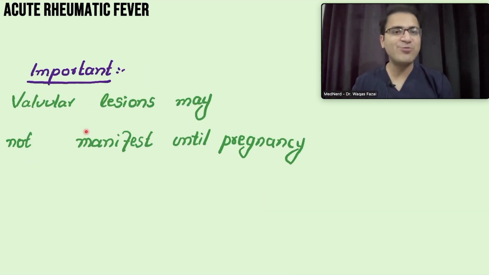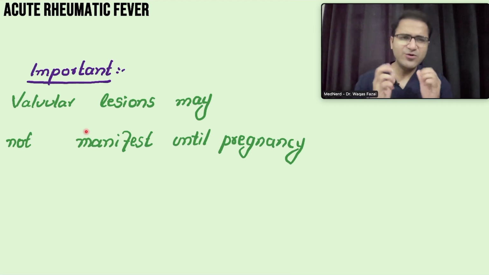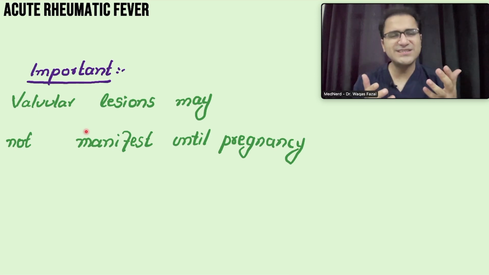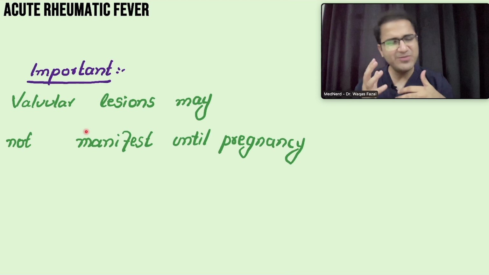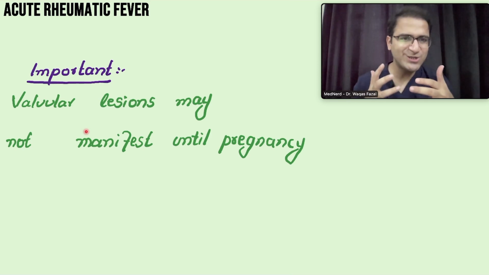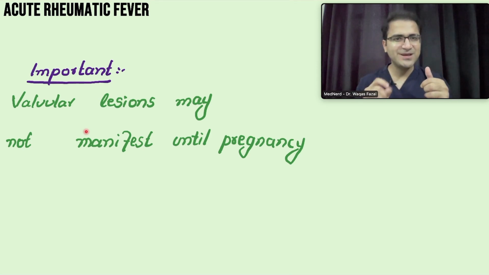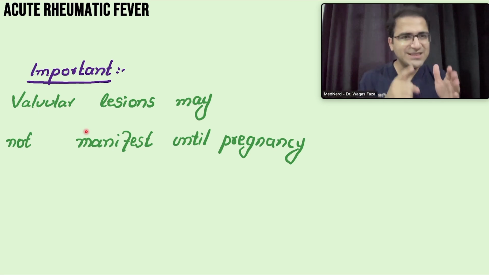Now, coming to a very important point, if you are a doctor working in the USA or UK, many times you would see that immigrants from India, Pakistan, Bangladesh, Vietnam would come to you during pregnancy, and all of a sudden these patients start developing shortness of breath and dyspnea. When you keep investigating the cause and perform echocardiography, you see mitral stenosis. These patients were asymptomatic before the pregnancy, but during the pregnancy they became short of breath.